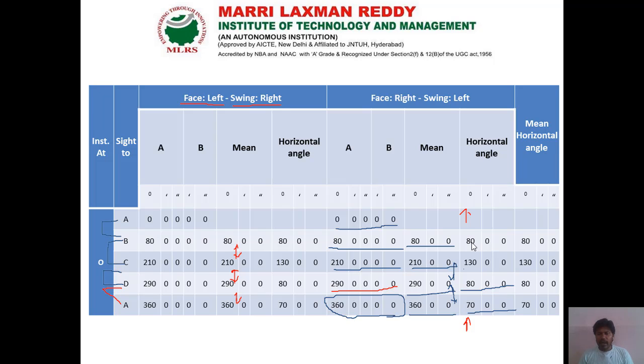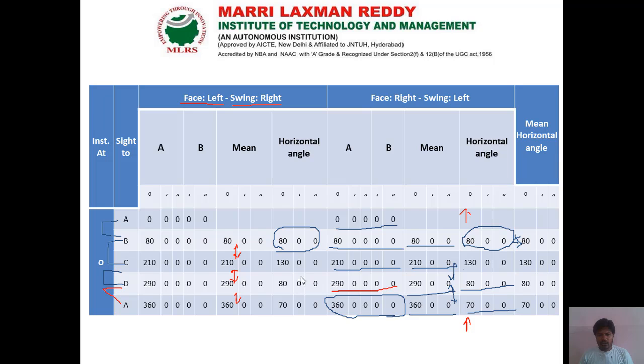Now I have to get the mean horizontal angle, which means I take the average of the face left observation and the face right observation, so that I get the mean horizontal angle.